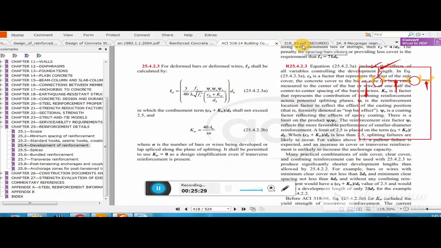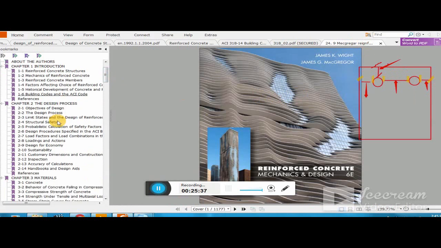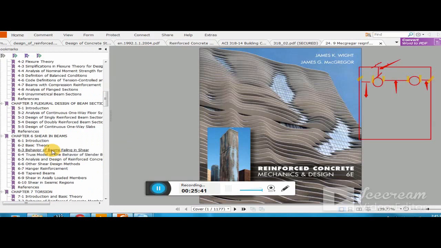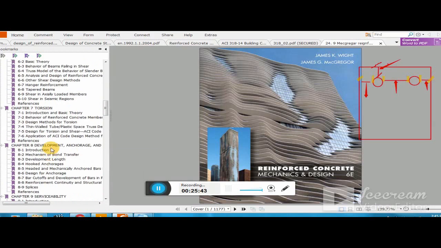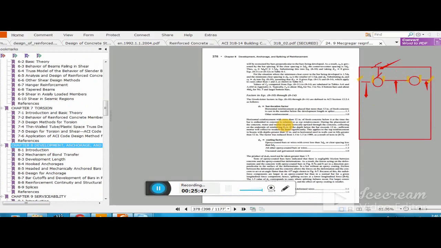Now to understand this terminology, we go to the McGregor book, and here you see chapter number 6, chapter number 8. In chapter number 8, you will understand the concept right now.